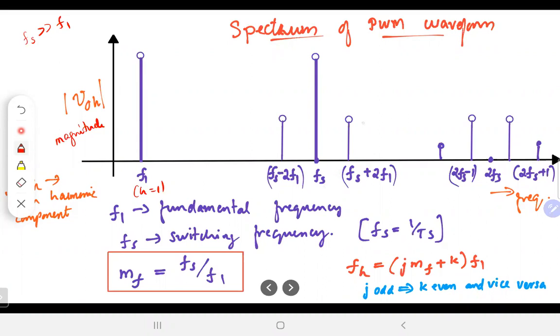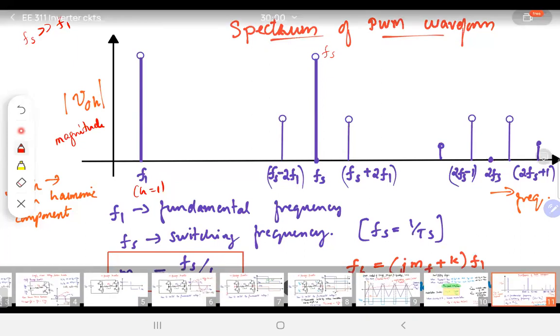We find that it'll have a component exactly at fs, and one side lobe for that, which is fs minus 2f1, and then I have fs plus 2f1.